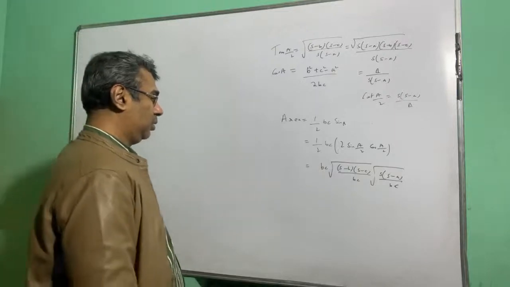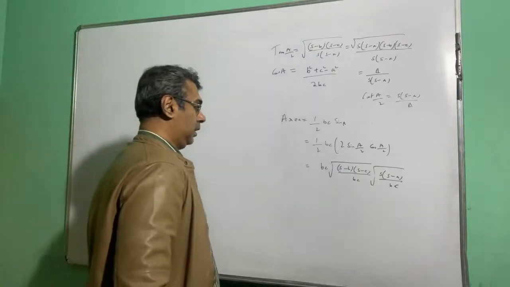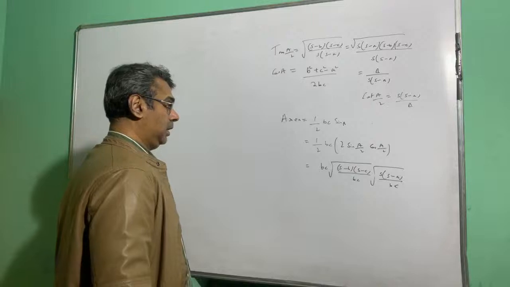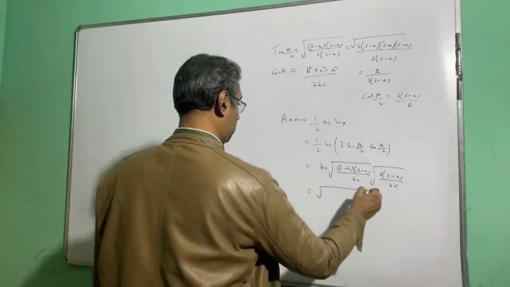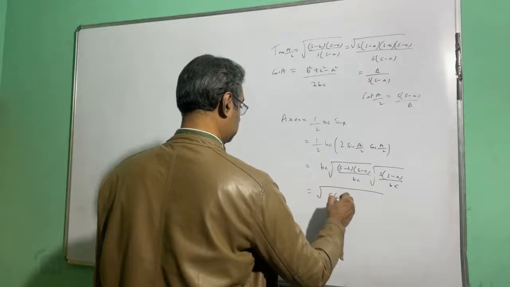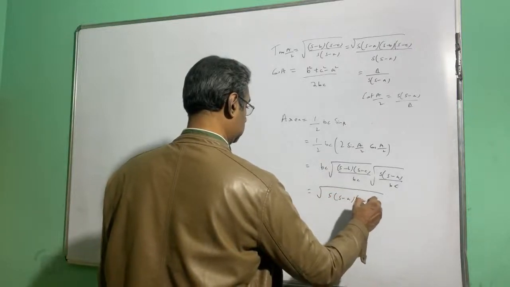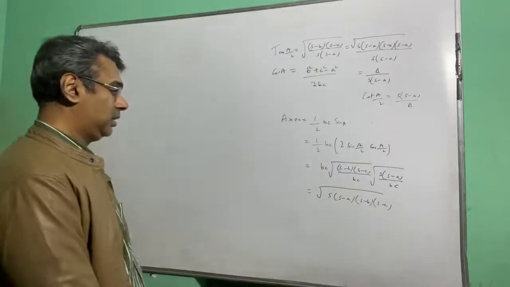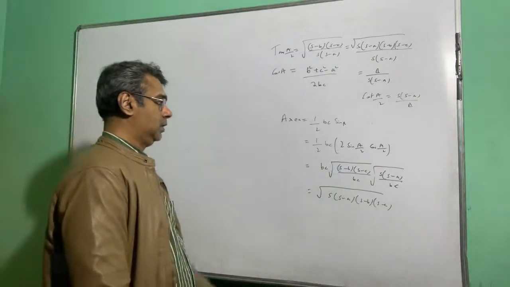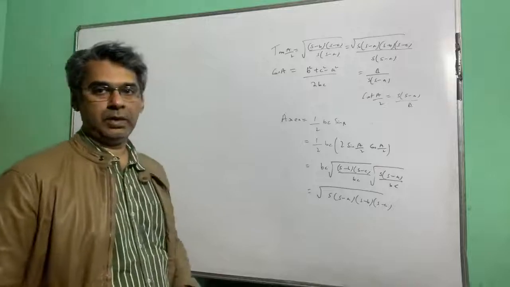So bc into root over (s minus b) into (s minus c) by bc into root over s into (s minus a) by bc. So root over s into (s minus a) into (s minus b) into (s minus c). So this is the famous Heron's formula proof.